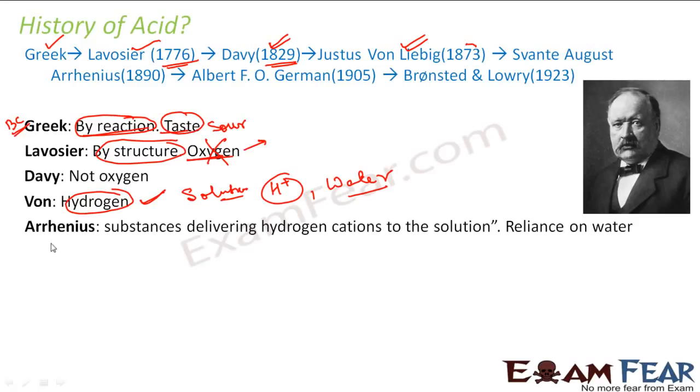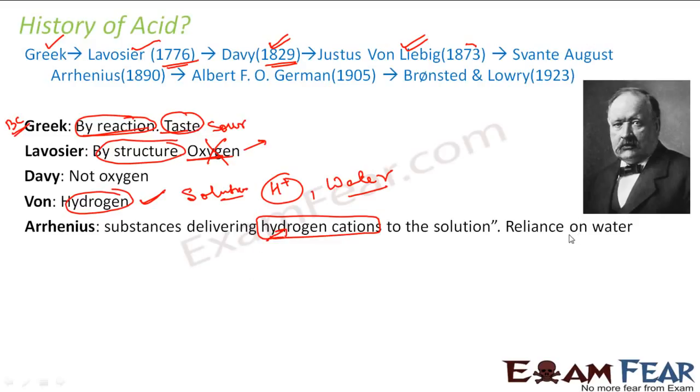This guy Arrhenius in 1890, he told that we should not rely much on water, because there are acids which don't need water also, right? And there he told that the substance which delivers hydrogen cations, H plus ion, to solution is acid.